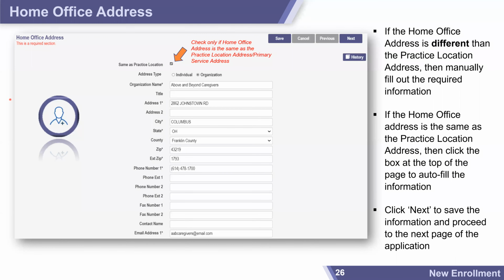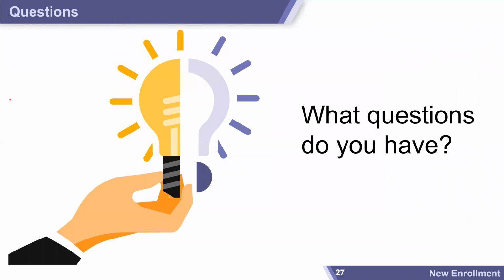All right. What questions do you guys have? Let's see, do we have any questions? Do all the service locations need to be listed under a provider for payment? I don't know that they all need to be listed for payment. If the service is being provided at that location, you'll certainly want to add it in.